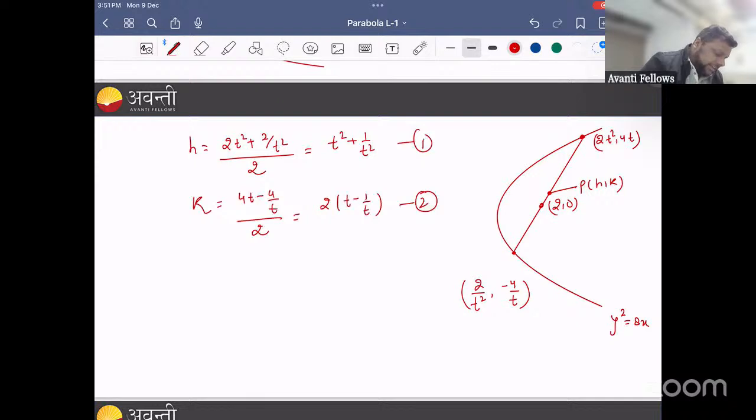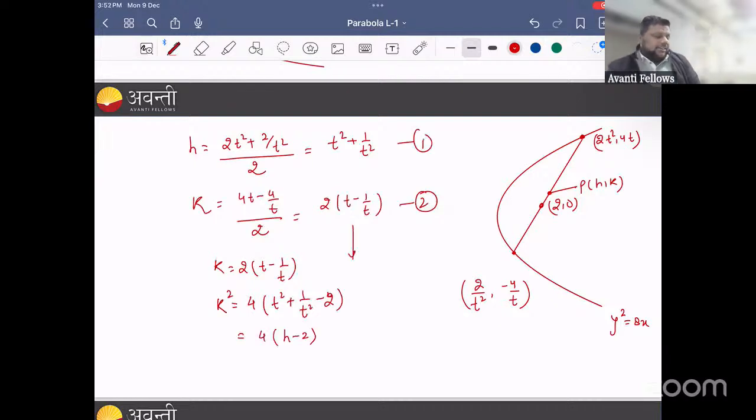So what I do, I square this equation. k is 2 times (t minus 1 by t), so you square both sides. So k square is 4 times (t square plus 1 by t square minus 2). So it is 4 times (h minus 2). So your locus is what? y square is 4 times (x minus 2).